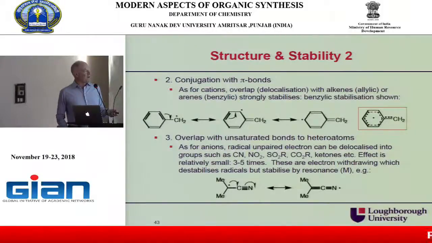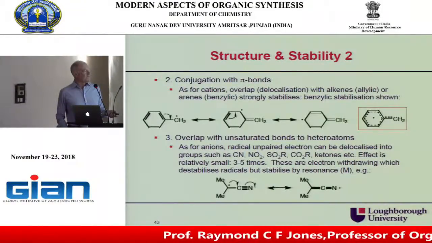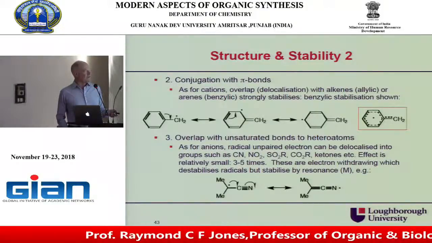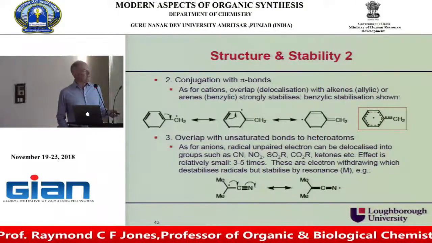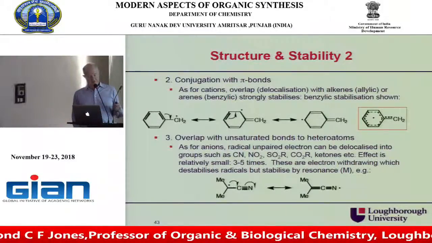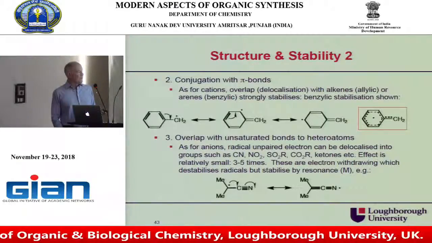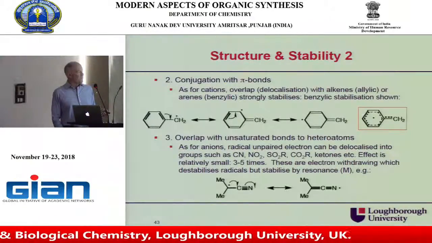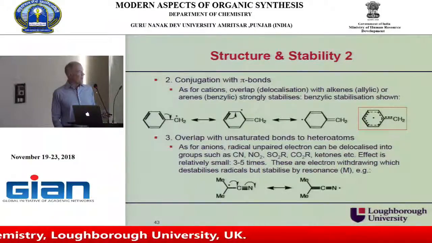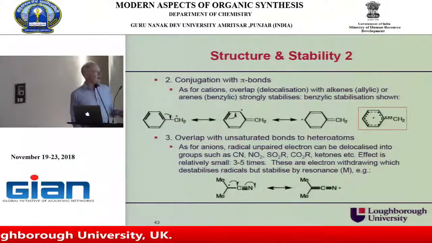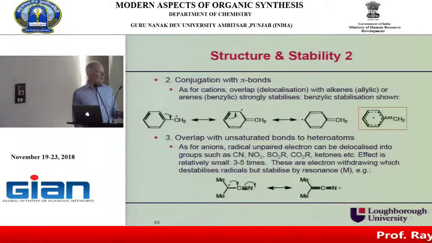The radical unpaired electron is delocalized into withdrawing groups such as nitrile, nitro, sulfonyl, carboxylate, or carboxyl, I suppose, ketones, and so on. That effect is relatively small. It's a 3 to 5 times stabilization. They're electron withdrawing, which destabilize radicals inductively, but stabilize by the delocalization or resonance effect, or M for mesomeric effect, you'll sometimes see that described as.